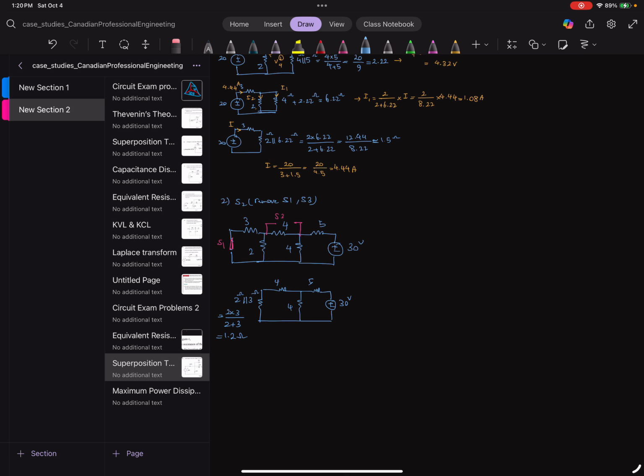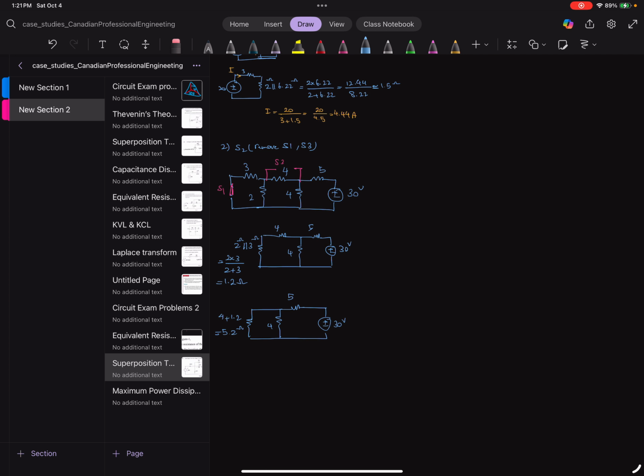Then again, what we have is 30 volt, 5 ohm, 4 ohm, and then the 4 ohm and the 1.2 are in series. So this is going to be 4 plus 1.2 ohm, which is 5.2 ohm.